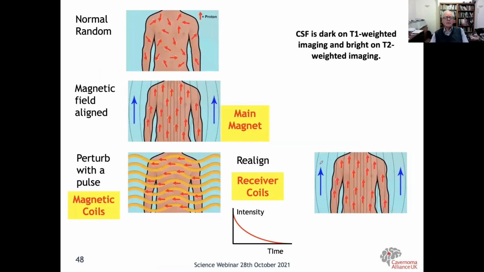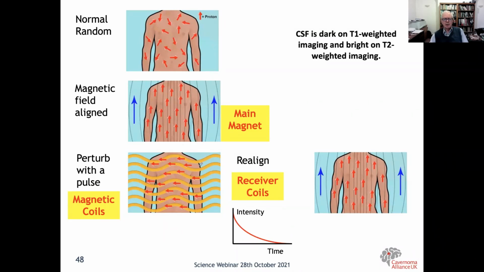I'd just like to, for the technically minded, tell you something about the difference between T1 and T2. This is basically the image you saw earlier, where you have the random protons when you don't have a magnetic field. When you switch the main magnet on, they're all orientated along the line of that magnetic field, which of course is horizontal, so they tend to be up and down along your body if you're lying flat in an MRI scanner.